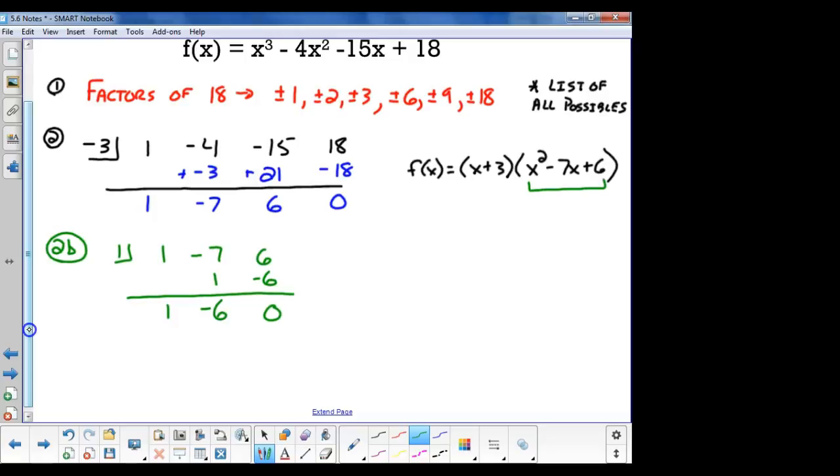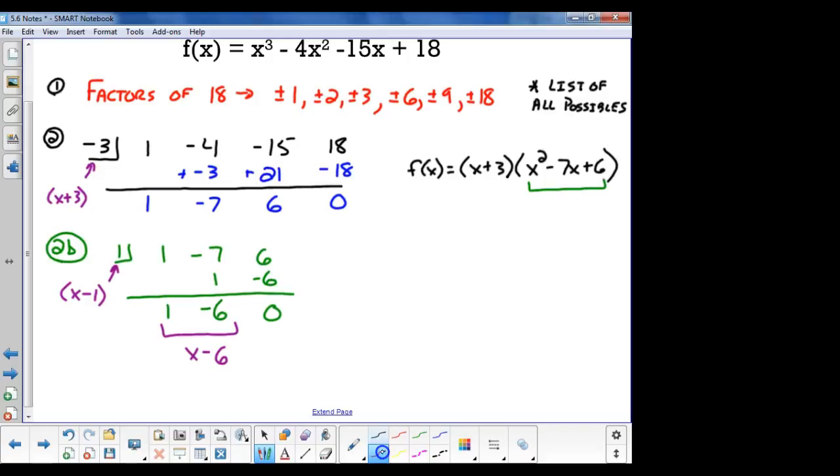So my first factor was from the negative 3, and that was my x plus 3. My second factor is from the 1, so that's going to be x minus 1. My third factor is going to come from there, and that's going to be x minus 6.